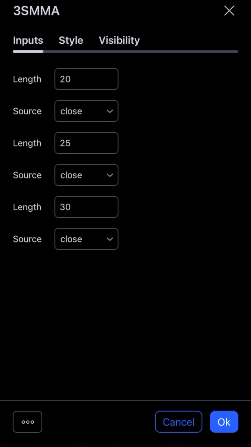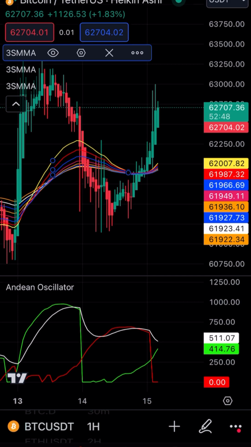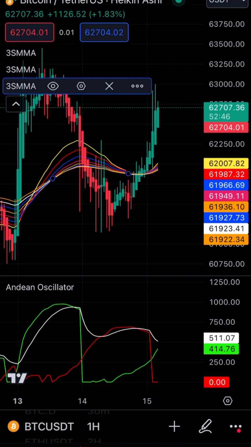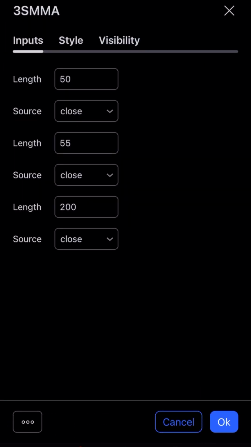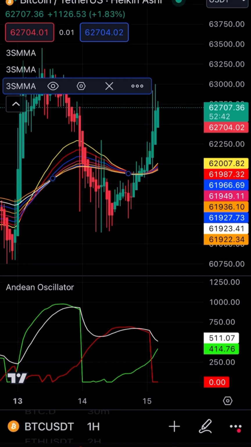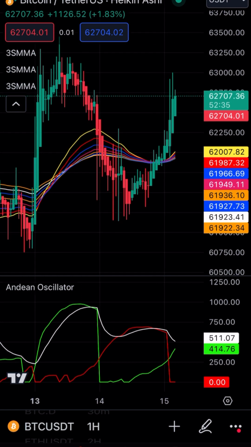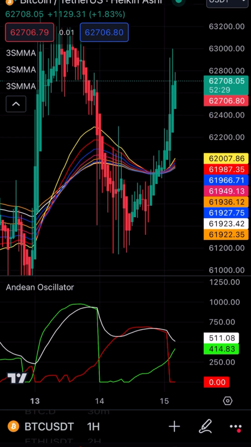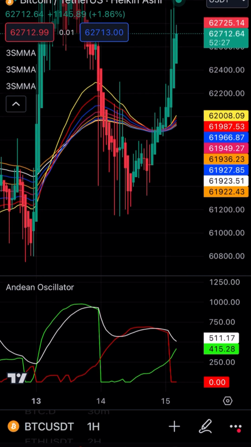The most important part here is the 20 and the 25, and then the 20 and the 55. So those are the most important parts of the Rainbow Strategy. It's the 20 and the 55, and then the 20 and the 25. Breaking it down, from what I've seen, those are the key parts of this strategy.